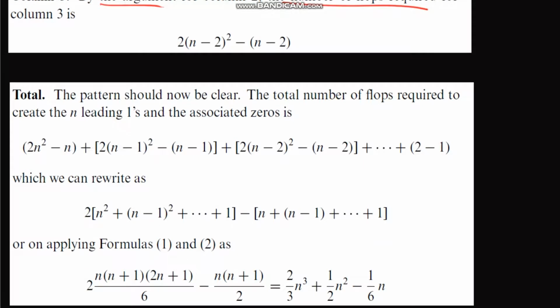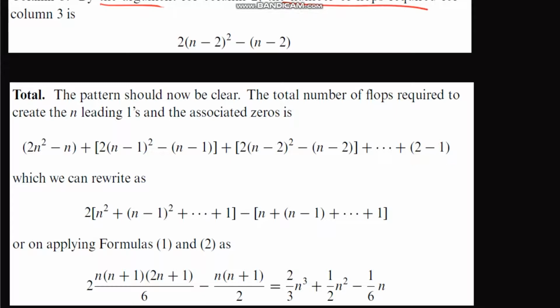Okay, now let me scroll down and see what we have. Now, if you go in this way up to the end, what will you get? 2n square minus n, and 2 times n minus 1 whole square minus n minus 1. Similarly, 2 times n minus 2 whole square minus n minus 2, all the way up to the final entry.